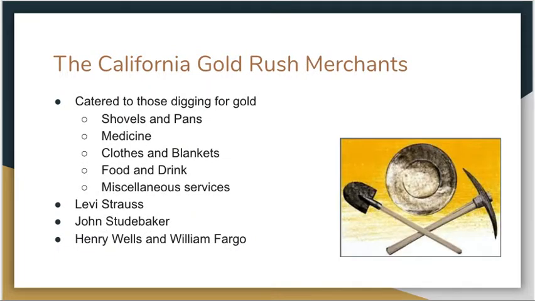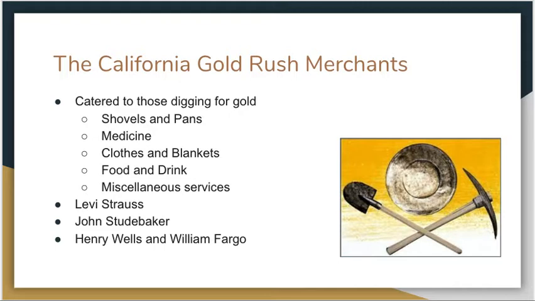But the California gold fields didn't only attract prospectors living in the East. Many businessmen living west of the Rocky Mountains were also lured to California in the hope of striking it rich. But these folks, they didn't come in search of natural and mineral resources.